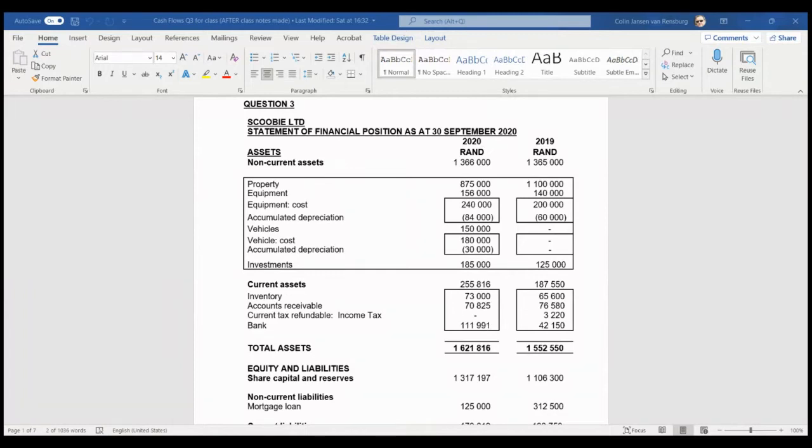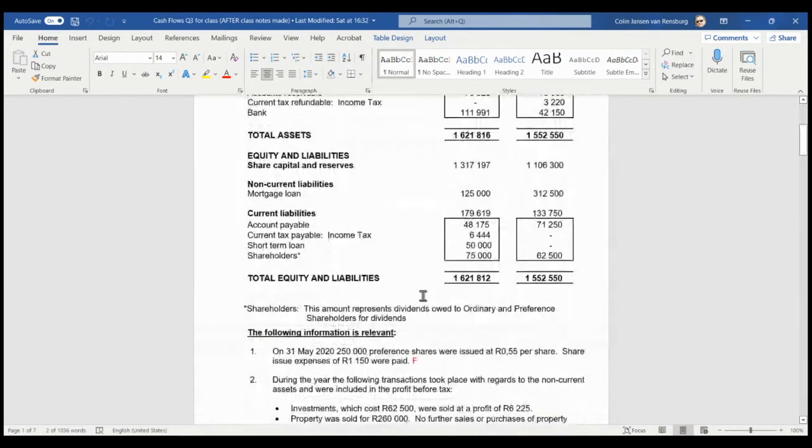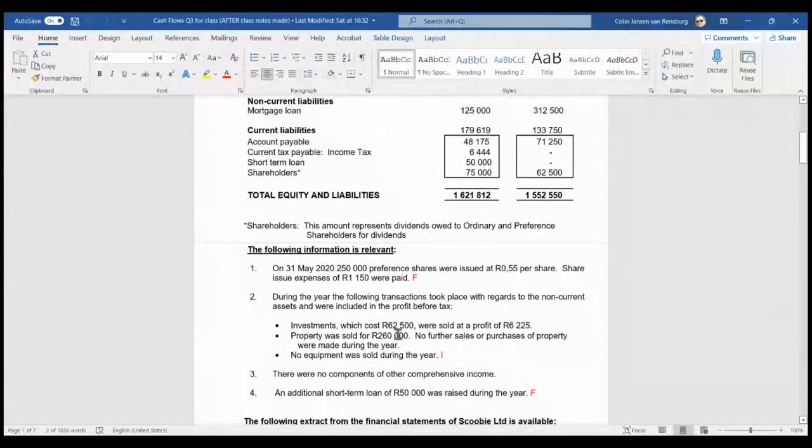Now let's see whether everything is logical. If we had a cost of 225,000 and we sold it for 260,000, did we make a profit or a loss on that disposal? We sold it.